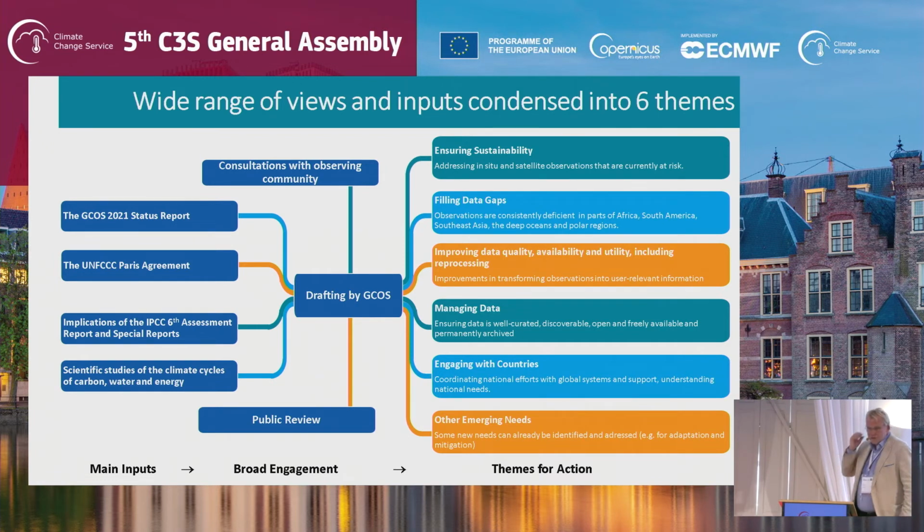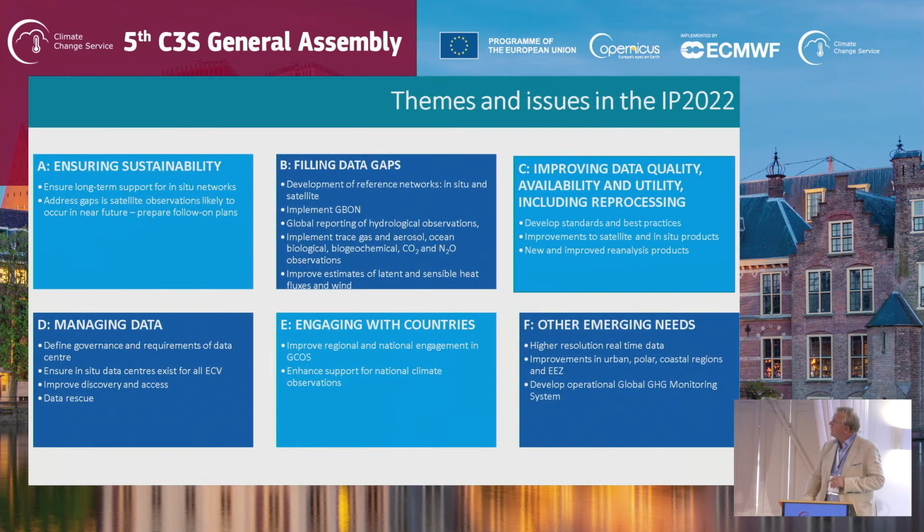And of course, we want the new things that are coming on the block. We would like to include those as well. So those 6 themes are big now in the IP. You see them here, listed in a little bit more detail. I won't go into that, but to some extent, there is also a bit of a classic litany of worries.